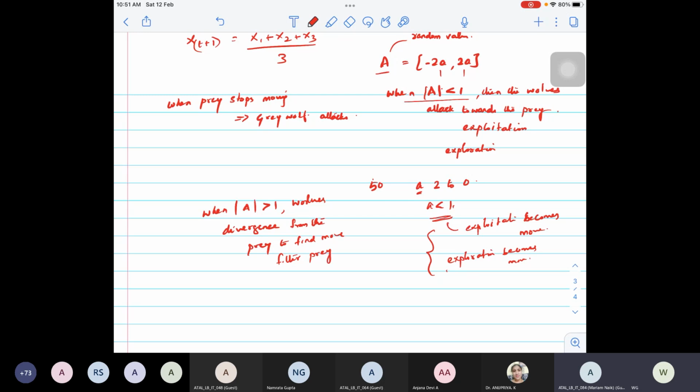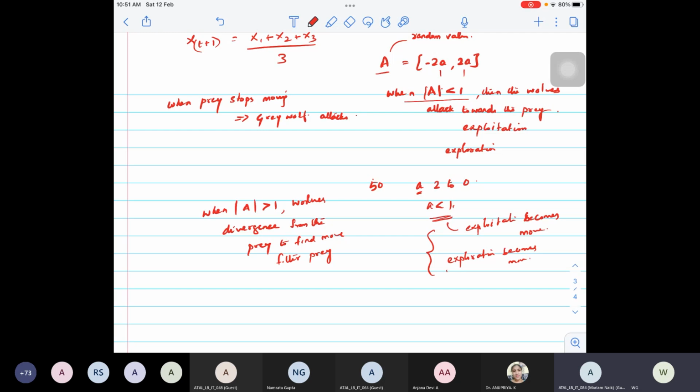So during the initial iterations of the problem, they try to diverge and find better prey, and then as they find a few solutions, they attack the most fit of the prey and try to get to the final solution.